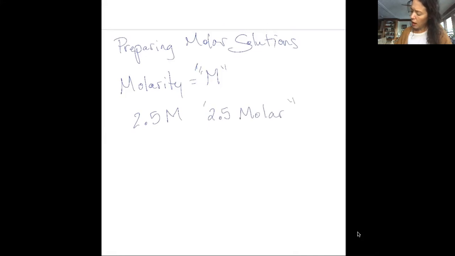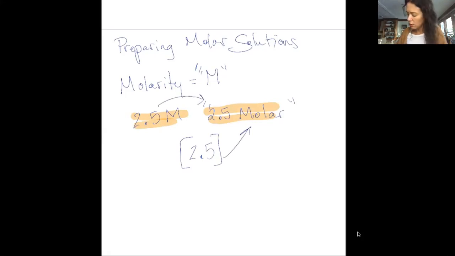So when I see this, my brain sees this, okay? Another way I could write that is 2.5 in brackets. That also means 2.5 molar. All of these mean the same thing, okay?